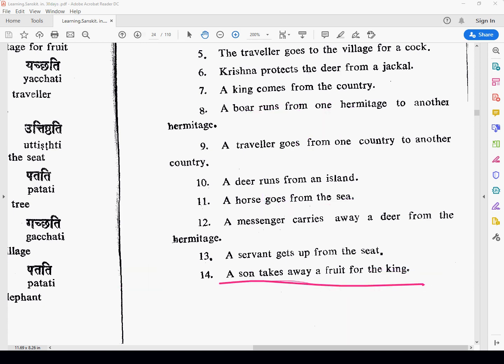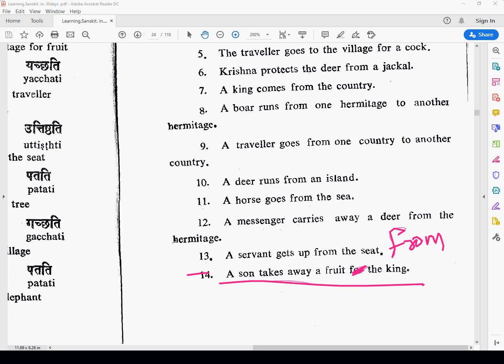Now we will go to the last one. The son takes away a fruit for the king. This is actually a fourth case ending example. Let's change it to from.